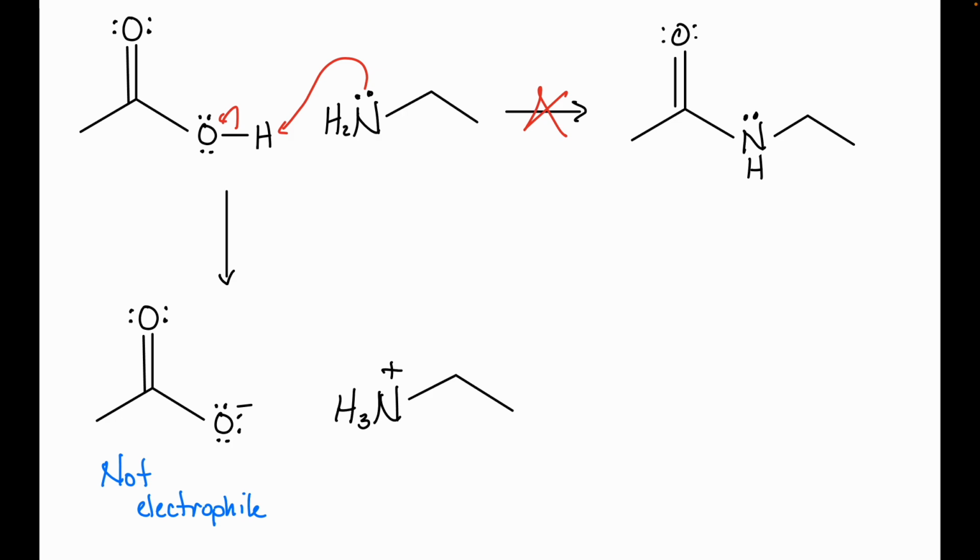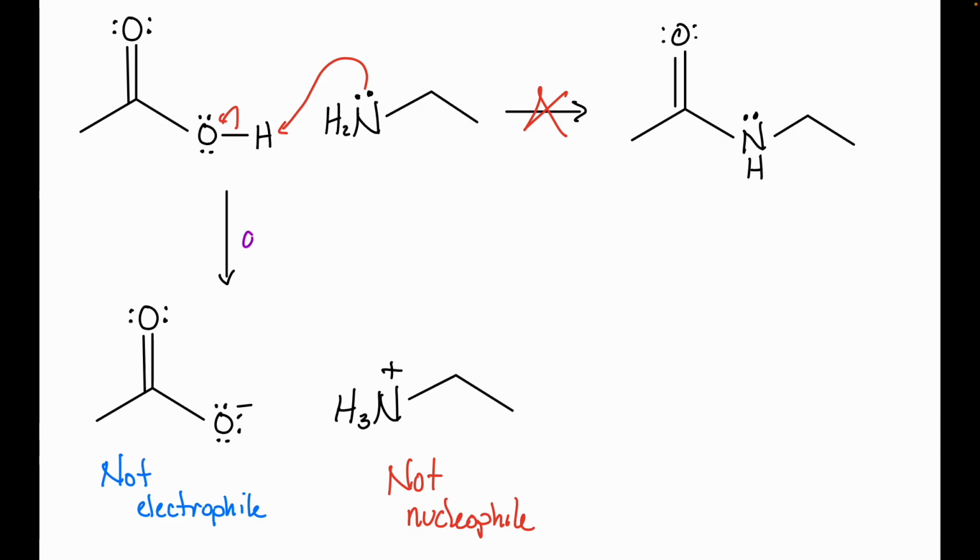Now I've got a bunch of electron density bouncing around between these two oxygens here. So this carbonyl carbon is no longer electrophilic. It's got quite a bit of electron density. Likewise, my nitrogen, whereas an amine has that lone pair and can play the role of a nucleophile, an aminium ion, this protonated nitrogen, cannot. So this is not a nucleophile.